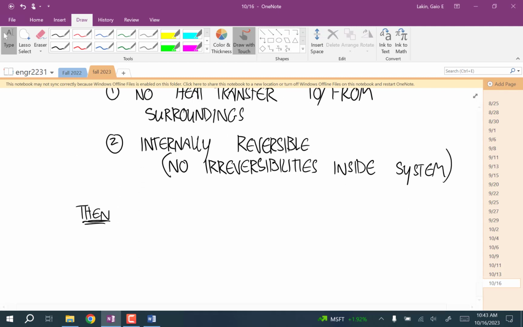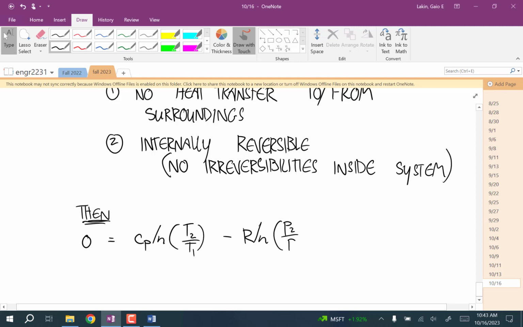Okay, so then, if it's isentropic, you have two expressions. 0 is equal to Cp times the natural log of T2 over T1 minus R times the natural log of P2 over P1.